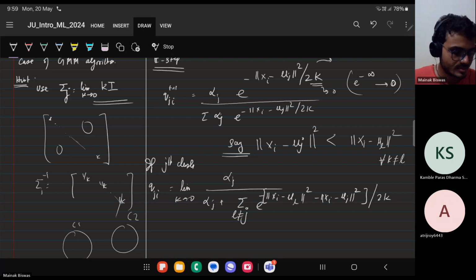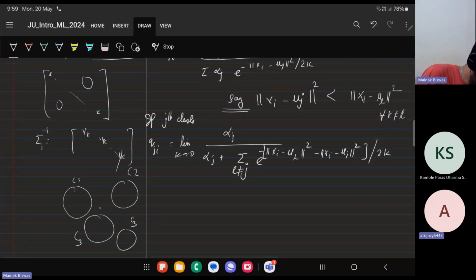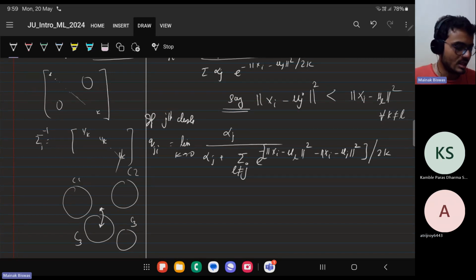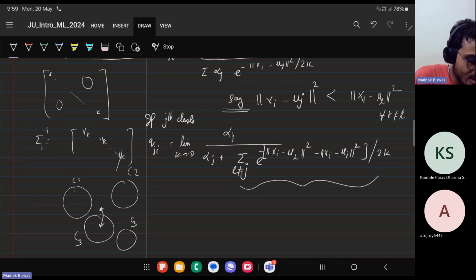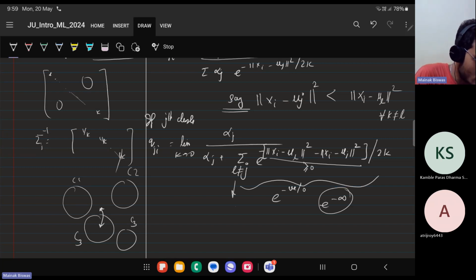So for cluster one, you see that a data point is closest to cluster 3. Only the cluster that is closest, I'm going to select that. By design, this internal term is always greater than 0. So e to the power of negative infinity goes to 0, and this summation goes to 0 for all those other terms.